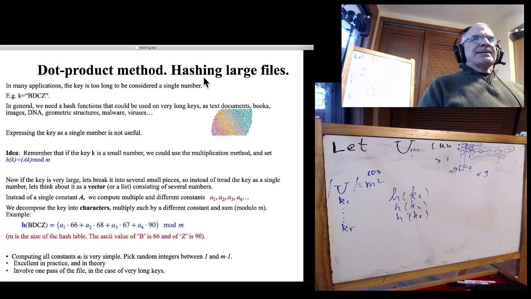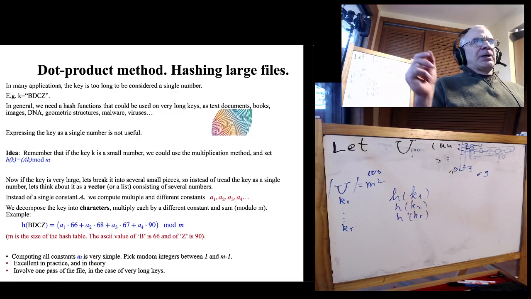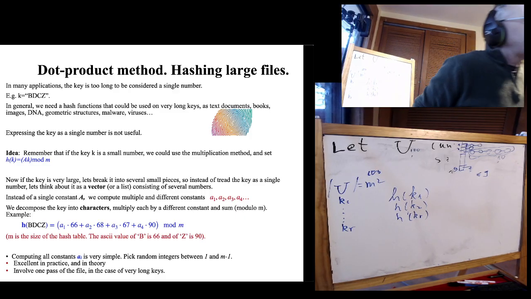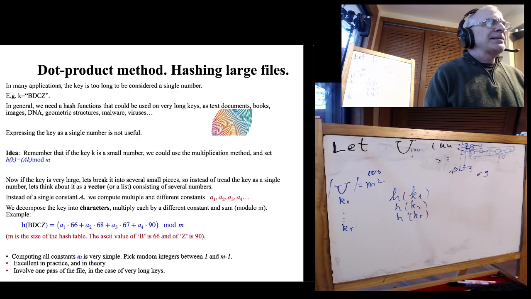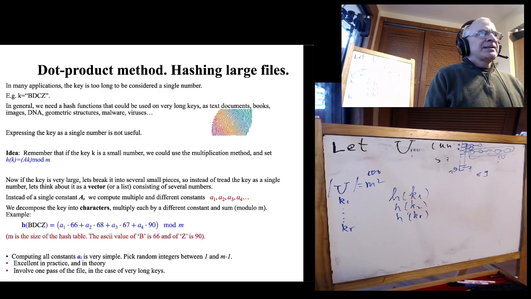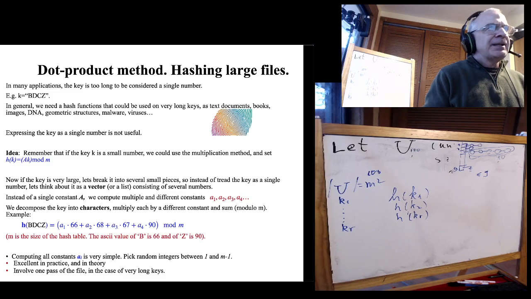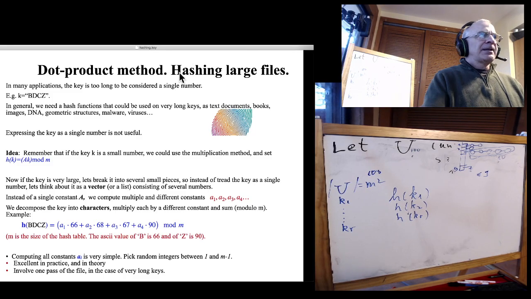The examples of keys that we saw so far were friendly numbers, not too large: 15, 100, all the keys were very small. It's very rarely the case, even for student ID. It's a decimal number with 20-something digits.